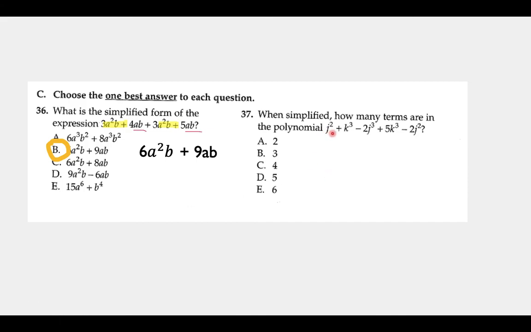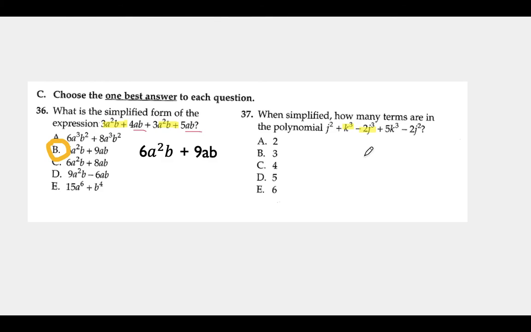You'll see that we have 1, 2, 3, 4, 5 total terms, and I'm going to start combining my like terms. First off, if I just look at my exponents, you want to get into the habit of identifying your highest exponents, okay? So in this case, I know that k cubed and negative 2j cubed, or just the third power, is my highest exponent.